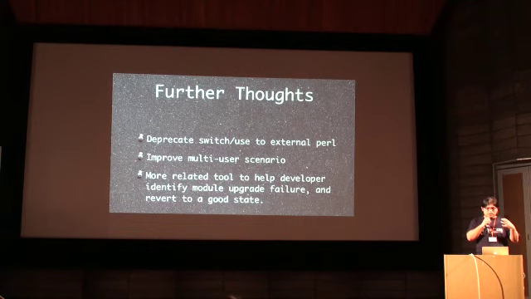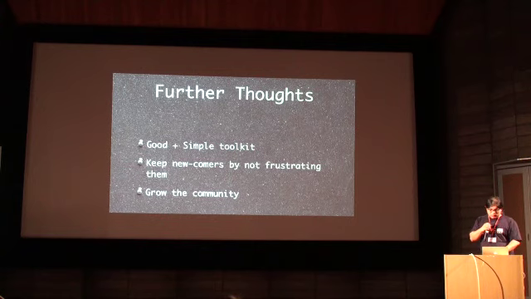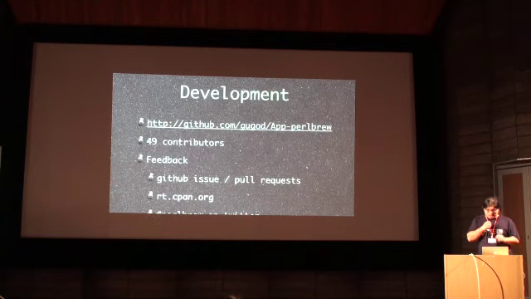And overall, I want to provide a tool that helps developers isolate the problem, either the cpan upgrade problem or the problem itself. And yet I want to keep it simple, and with a tool like this, I think we can keep the newcomers of Perl from feeling frustrated. Yeah, but simple is hard.